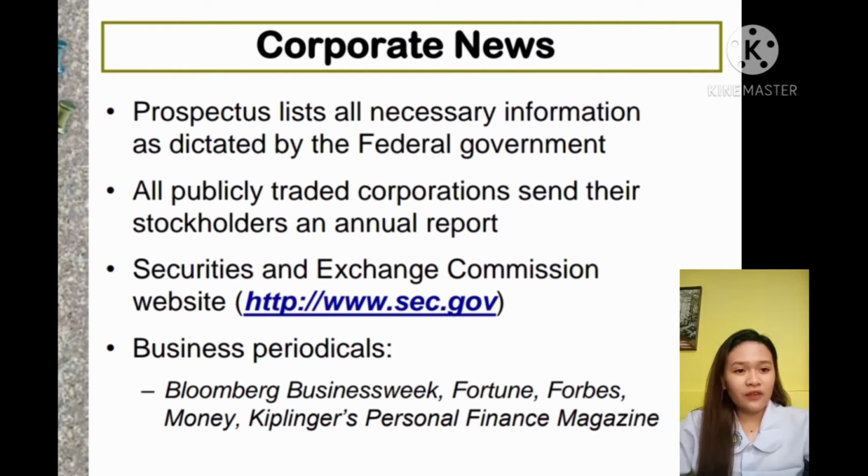Dito is the federal government requires a corporation na mag-provide ng prospectus, list of all necessary information. Next is stockholders are also required to provide an annual report with detailed information about the data. And here, we also have the website of the Securities and Exchange Commission na pwede din tayo mag-gather ng information dito.